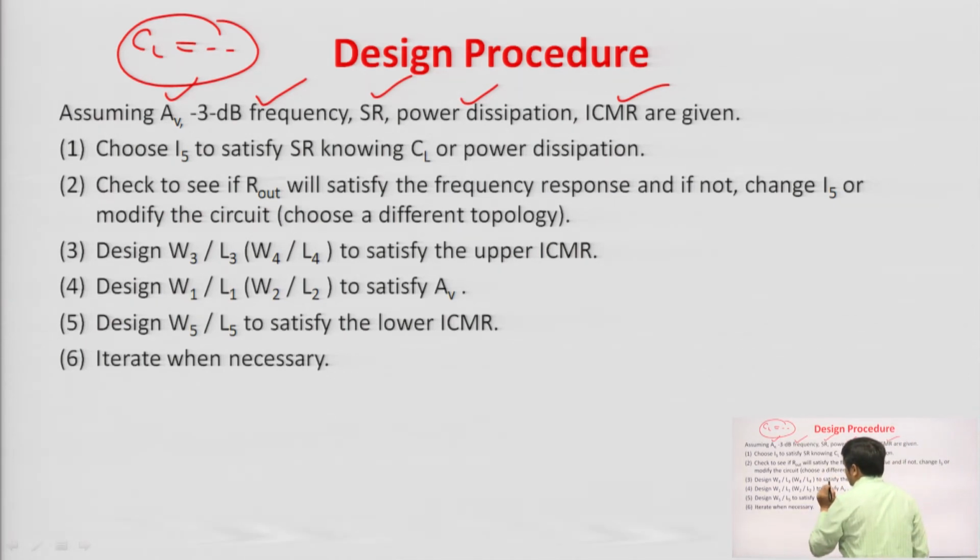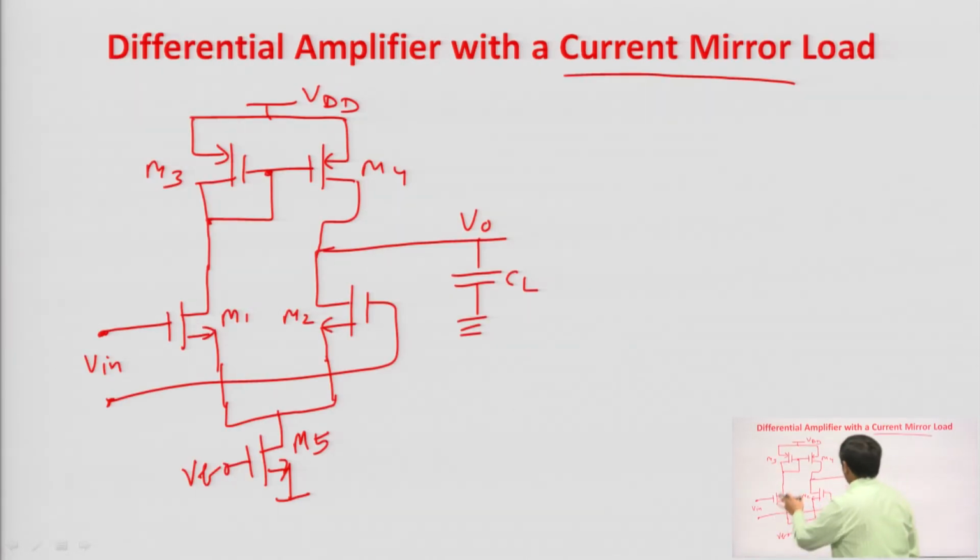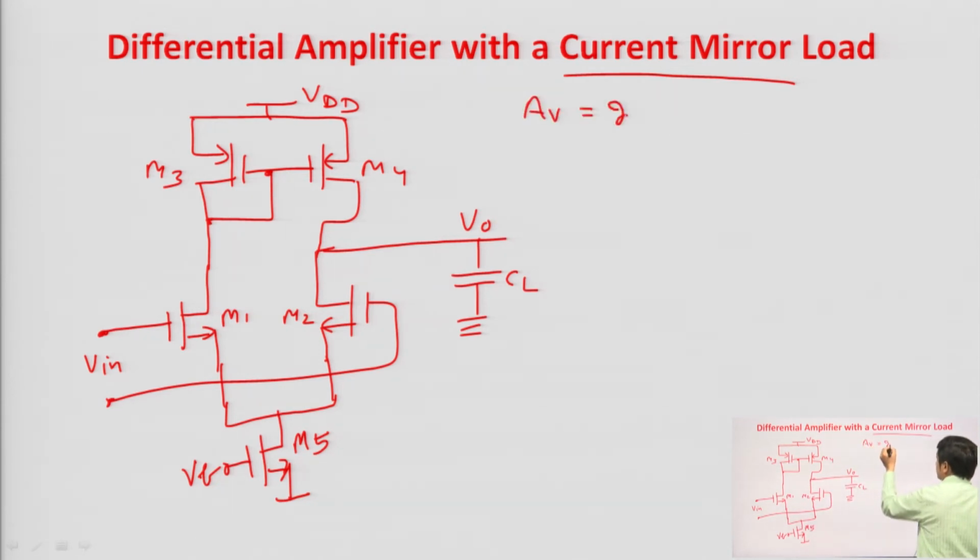And if we write the design equations for this particular differential amplifier, then the voltage gain AV will be equal to the transconductance into the output resistance of this amplifier.